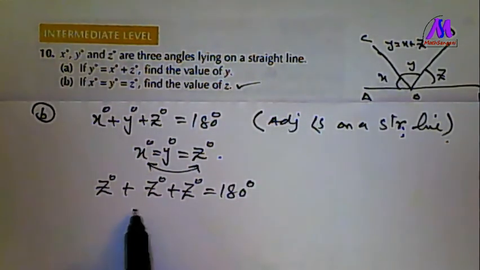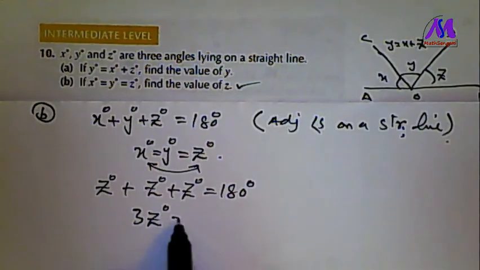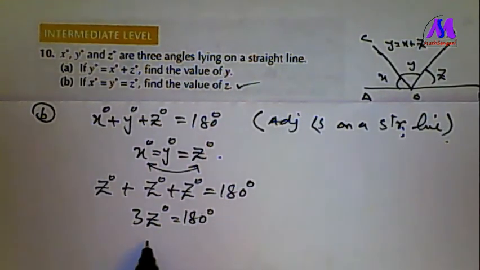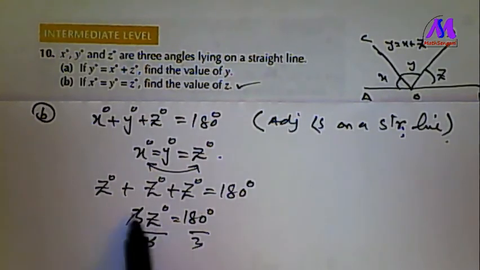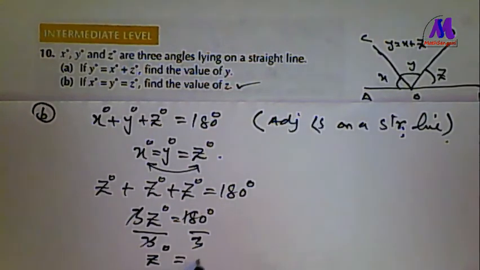So it will be 3z degrees equal to 180 degrees, and now divide both sides by 3. The coefficient of z will be cancelled with the denominator. So z degree will be equal to 60 degrees, and that will be the answer.